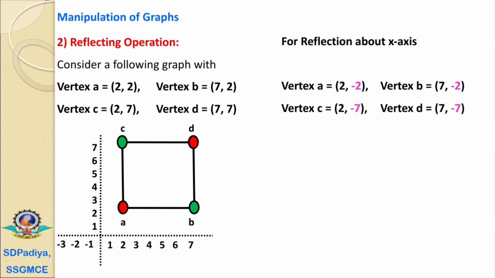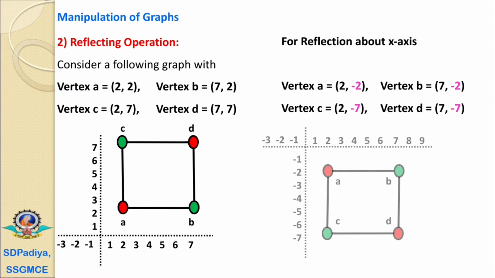If we plot the graph with these new coordinates, then we'll get the graph like that. The vertex A, the x coordinate is 2 and y coordinate is -2. The vertex B, x coordinate is 7, y coordinate is -2.